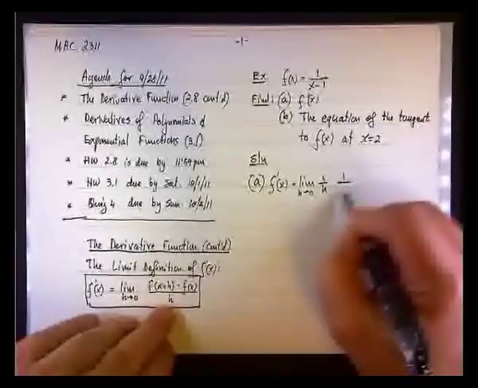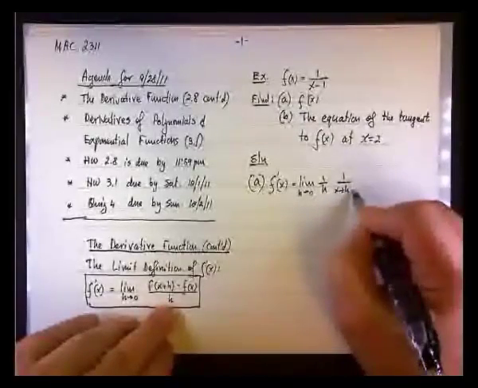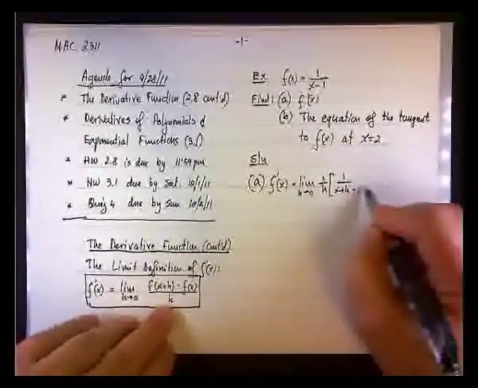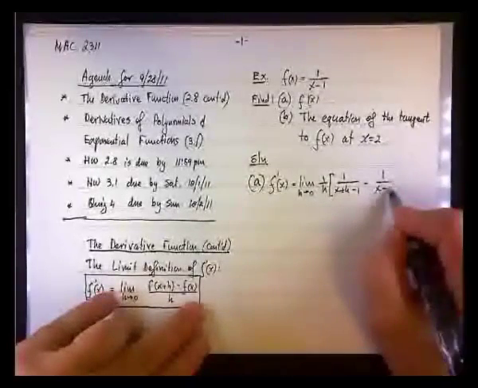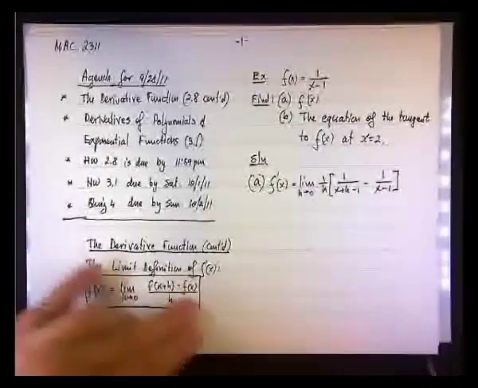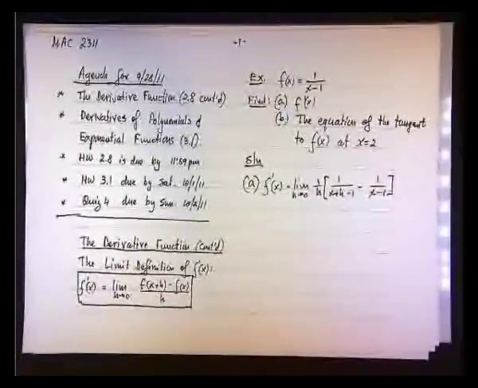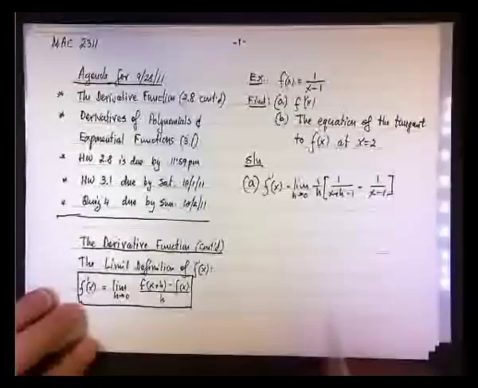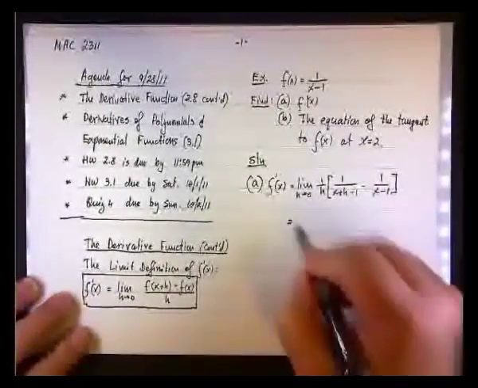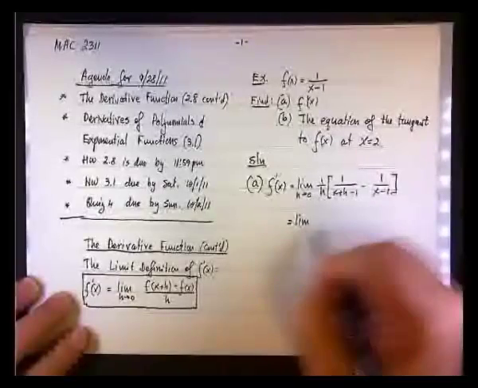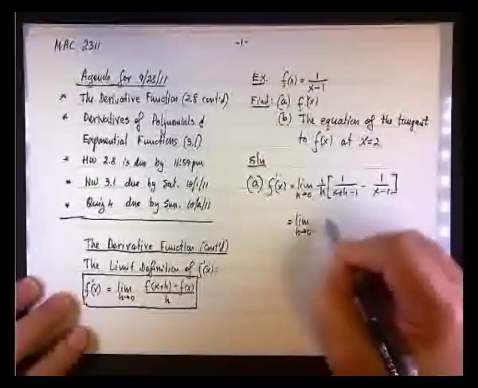f of x plus h is now 1 over x plus h minus 1. And, of course, f of x is the original function 1 over x minus 1, like so. And now we need to work this out so that we'll end up having an expression for f prime. So the limit.